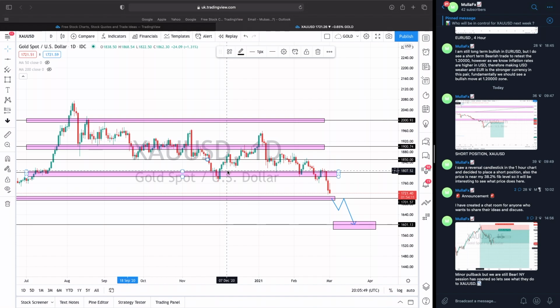At 1850, I'm seeing that price loves to reject and likes to go down. Price again comes down, goes up, comes down, breaks out of it, and goes to my next level, which could be 1950.